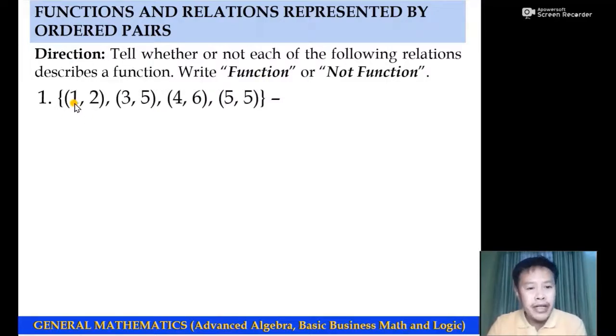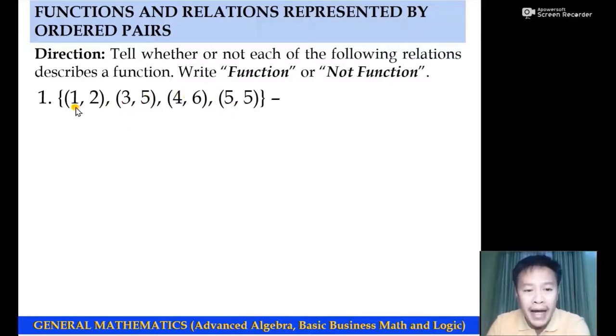The first thing that you're going to do in order to identify whether or not this set of ordered pairs is a function is the first elements. The first elements are 1, 3, 4, and 5. So we have 4 different first elements.